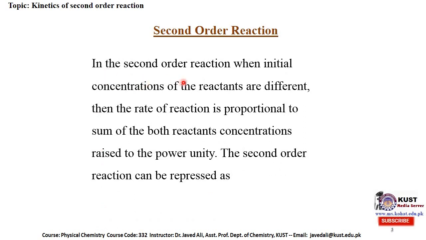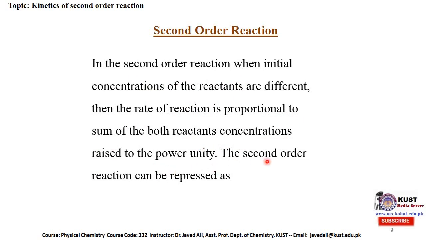In the second order reaction, when initial concentration of reactants are different, then the rate of reaction is proportional to the product of both reactants' concentration raised to the power unity.